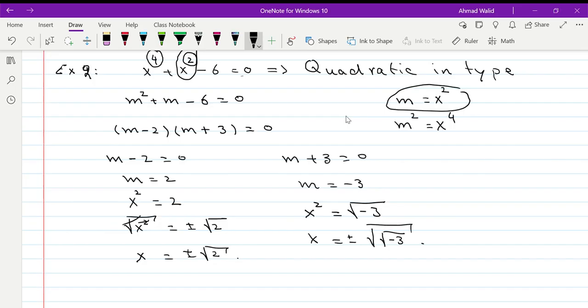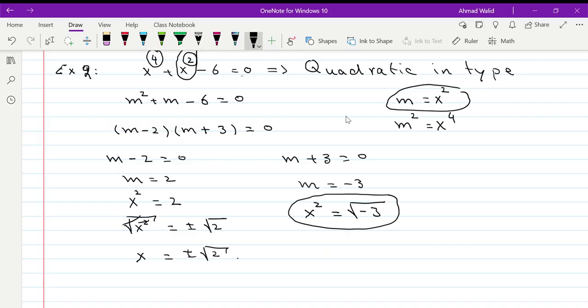If you remember, even before going to this step, let me erase it. Let me make it easy for you, because here I'm not asking you to give me the imaginary answers, correct? I cannot do that for the time being with you. But if you look here, under the square root, you have a negative number.